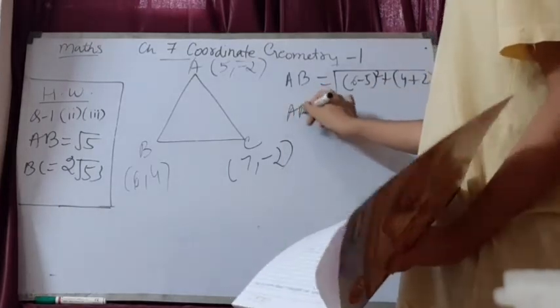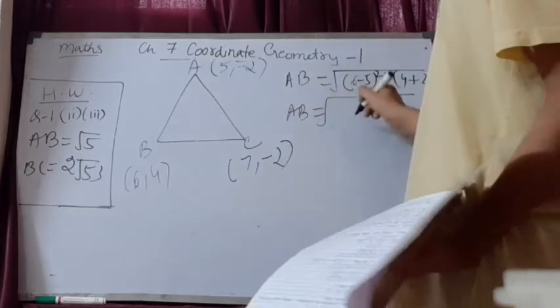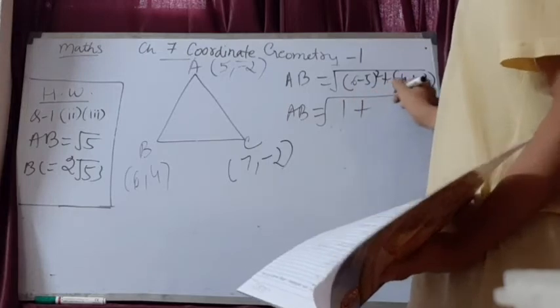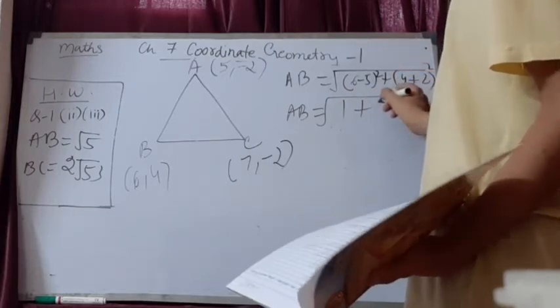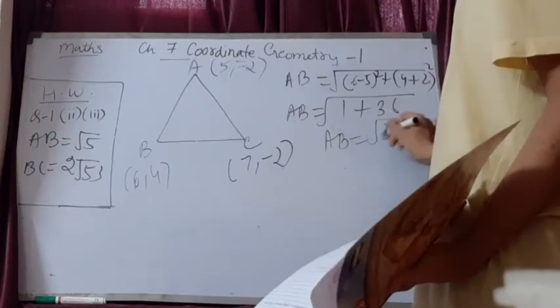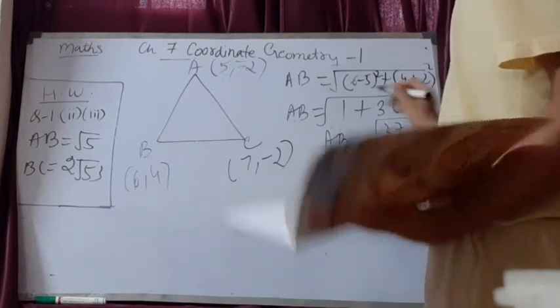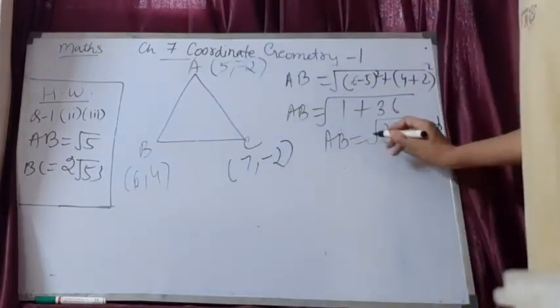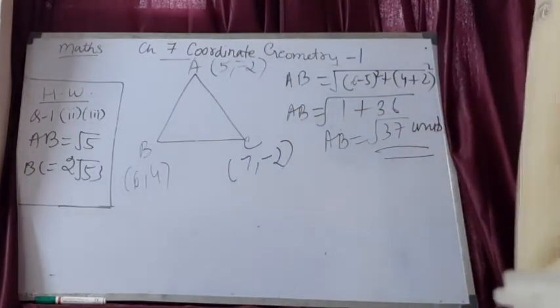So we will be getting the distance AB is 6 minus 5 whole square, that is 1, plus 4 plus 2 whole square, that is 36. So AB distance is root 37 units. Is that clear? It is your root 37 units.